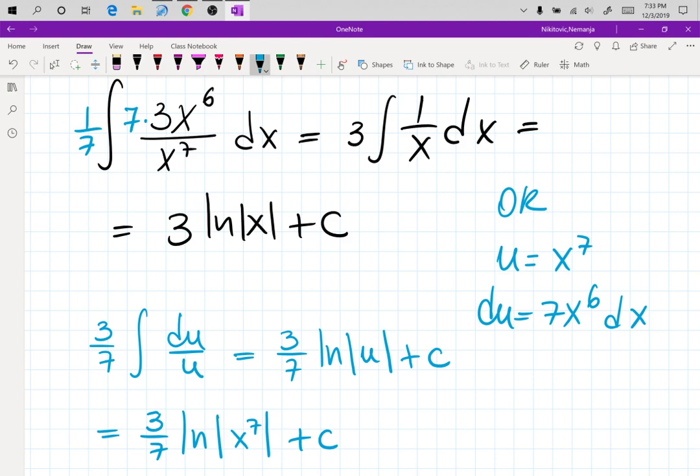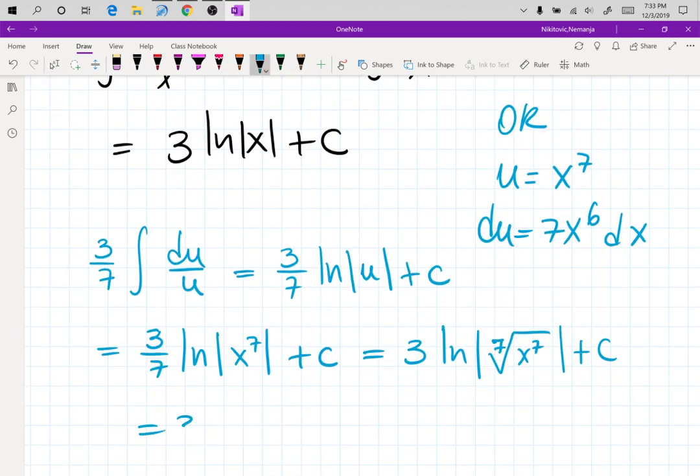Yeah, 1 over 7 will go in as a 7th root and kill the 7th power. Exactly. So this is when you use a sledgehammer when you don't have to.